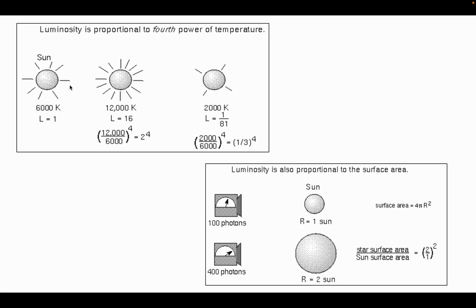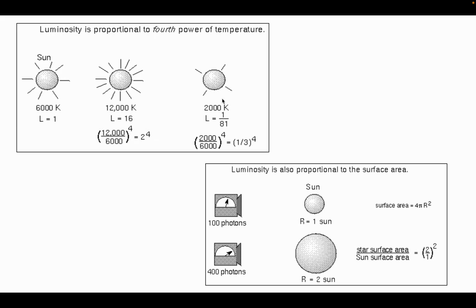The Sun is about 6000 Kelvin, and if it has luminosity 1, and a star is 12,000 Kelvin, that is 2 times larger than the Sun, then it will have 2 to the power 4 times bigger luminosity than the Sun, that is about 16 times the luminosity of the Sun.